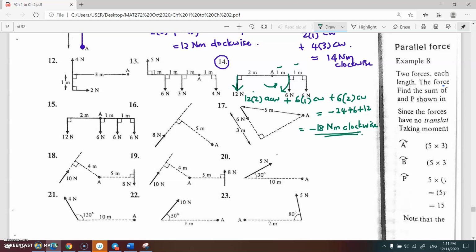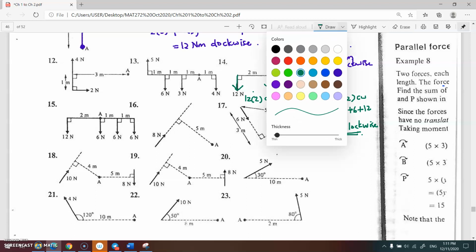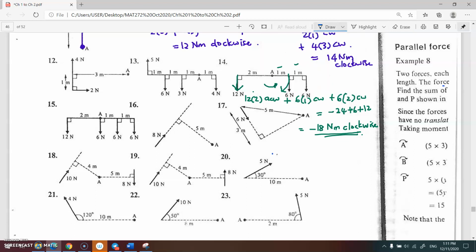What if the question is a little bit unique? Like say we have question number 17. Okay, if you notice, the force here would be 6 and the distance should be perpendicular, but this one is not given. In this case, because this is a right triangle, you can use the theorem of Pythagoras. If this is 3 and then we have 5, obviously this is 4.